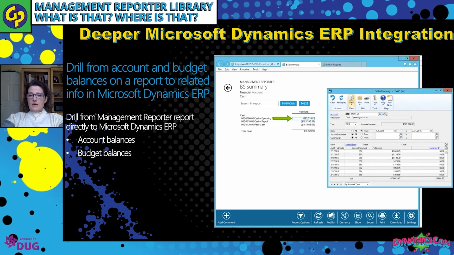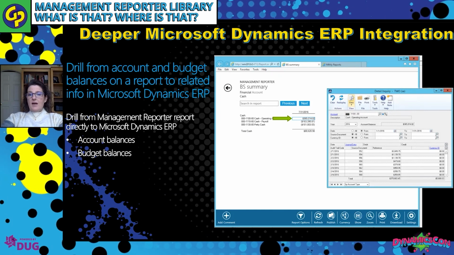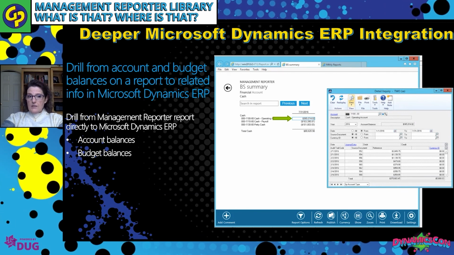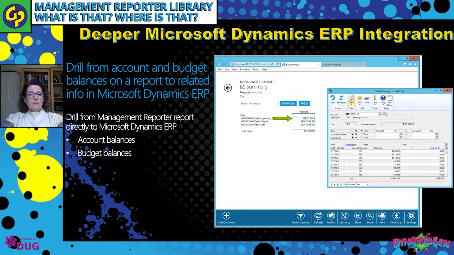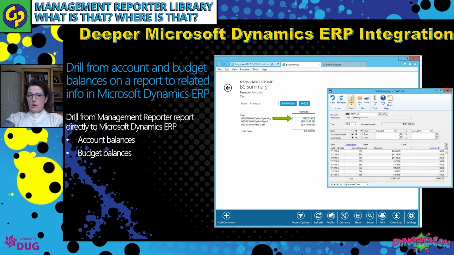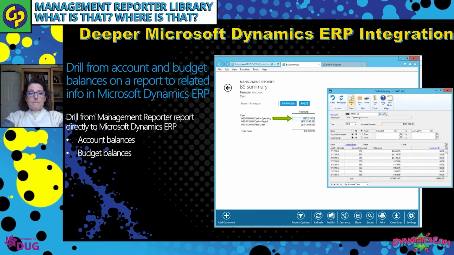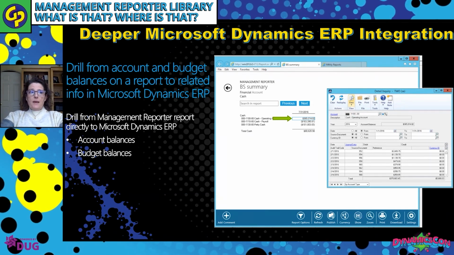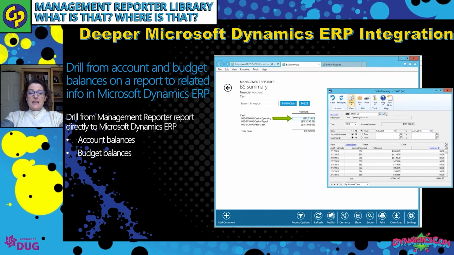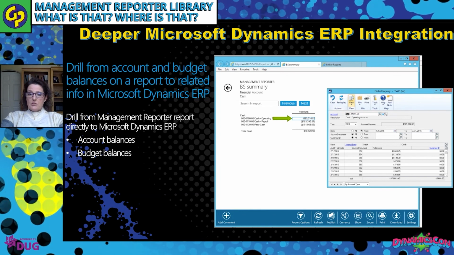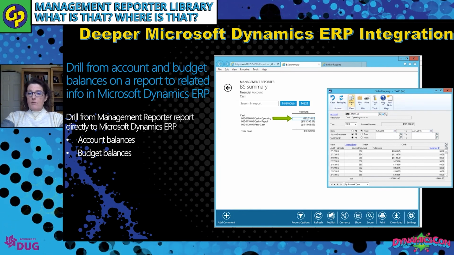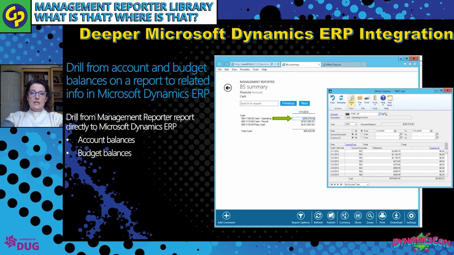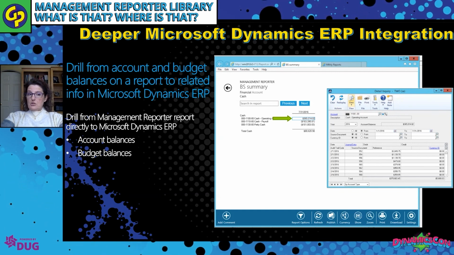So it'll fill in the account and whatever the column type is, whether it be an actual column or a budget column, it will either open the detail inquiry screen or will open the budget maintenance screen. And based on the date range that's in that column, it will actually fill that in as well. So if you ran a month of, it will list just the month of column there. If you ran a year to date, it will fill the dates in for the entire year.